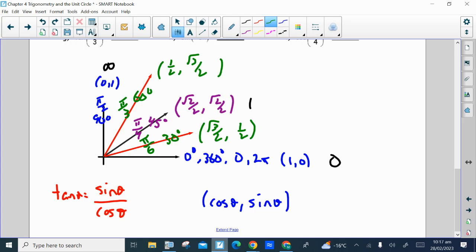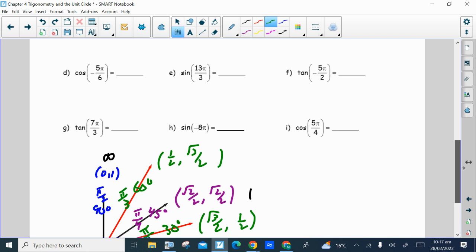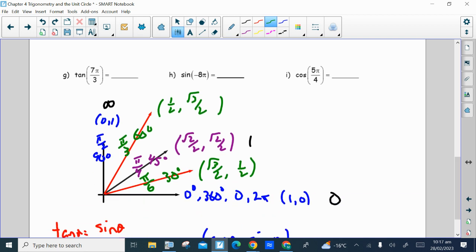Right? So when you're asked to find the exact value of the sine, cos, or tan, let's go back first and write the tangent of these two. Remember, tangent is sine over cos. So for pi on 6 radians, or 30 degrees, the tangent would be found by going sine divided by cos.